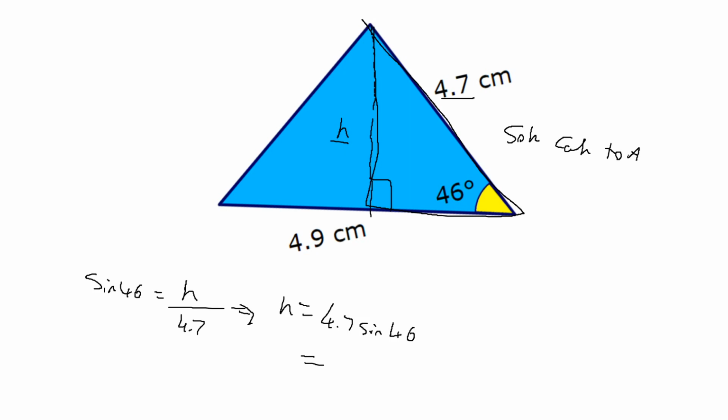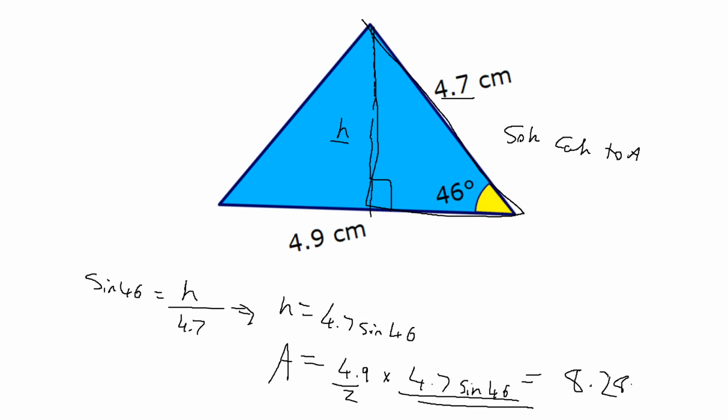And so therefore, the area is going to be equal to 4.9 times our height, which is 4.7 times sine 46, over 2. And so we should get an answer of 8.28 centimeters squared. You see what we did there?